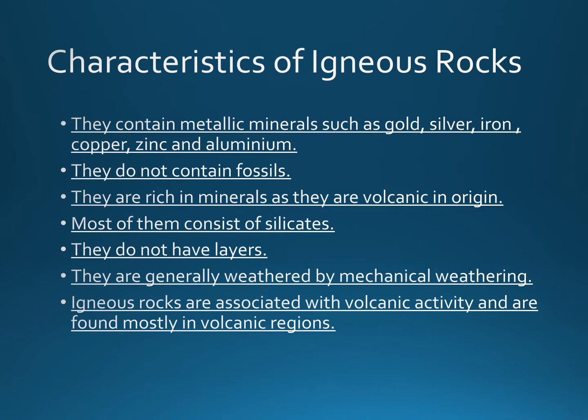They do not contain fossils. They are rich in minerals as they are volcanic in origin. Most of them consist of silicates. They do not have layers. They are generally weathered by mechanical weathering.